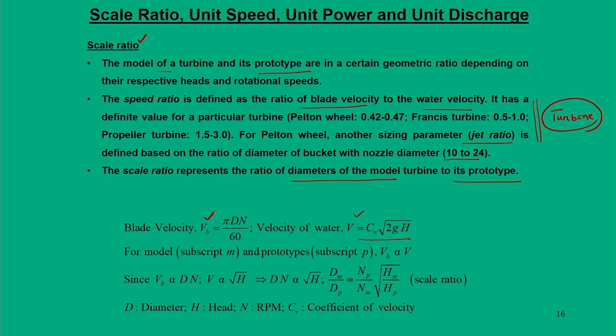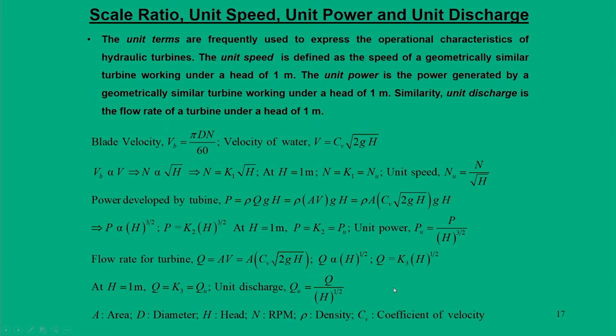These two expressions say that Vb is proportional to DN and V is proportional to square root of H. So, looking at the similarity rule, we can write DN is proportional to the square root of H. Considering this, we can find the expression of the ratio called the scale ratio, that is the diameter of the model to the diameter of the prototype, which is proportional to the speed range for the prototype and the model as well as the square root of H of model and prototype.